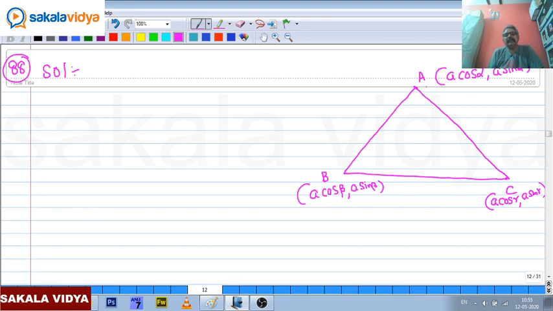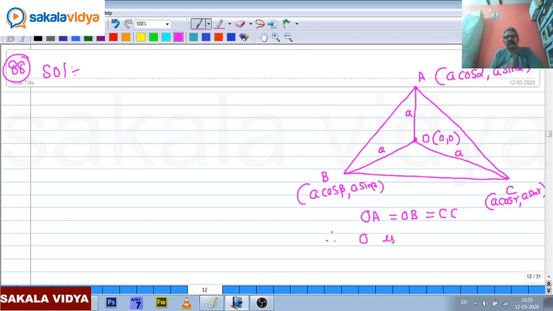That means these 3 points are equidistant from origin. For example, you take origin here, O 0 comma 0, that will be inside. You join OA and OB and OC. Here what we observe that OA is equal to OB is equal to OC. That means this distance is A, this distance is A, this distance is A. So therefore O is circumcenter.